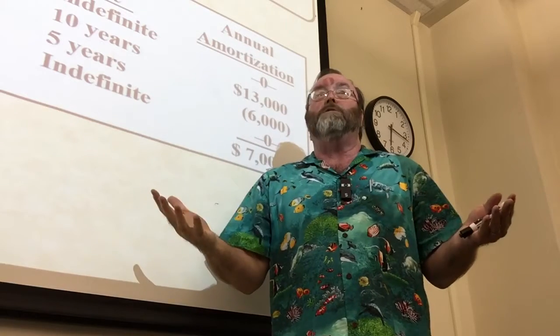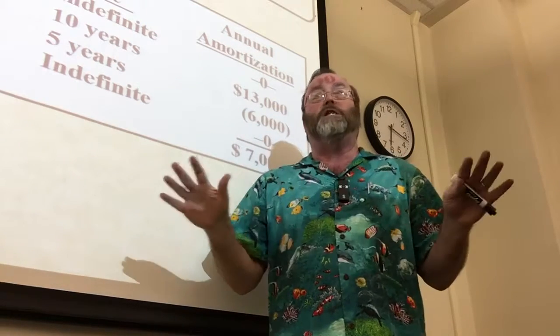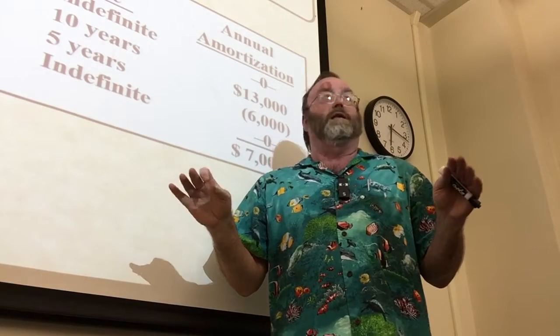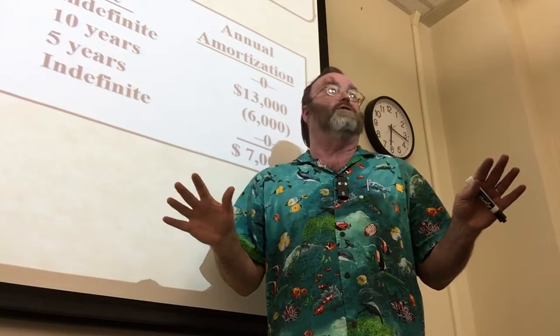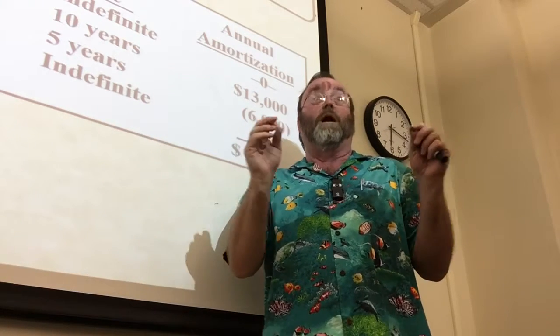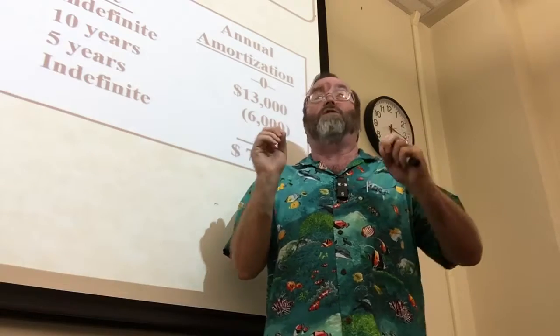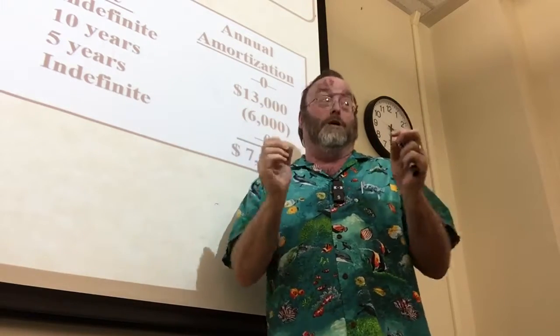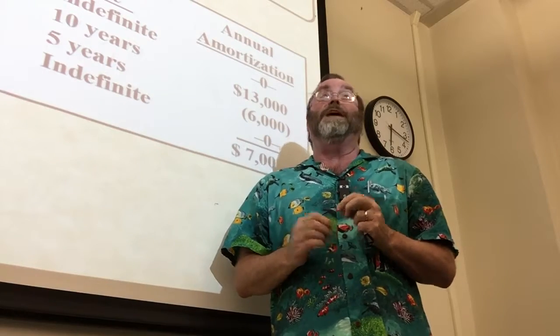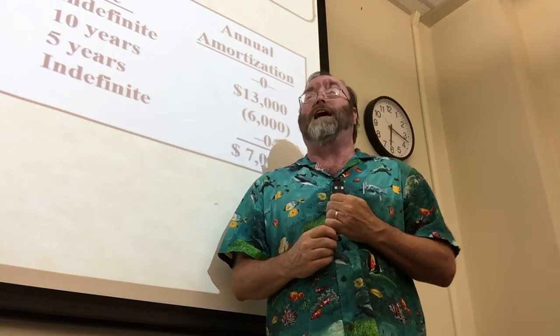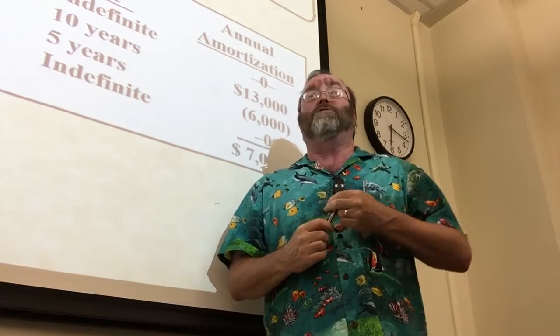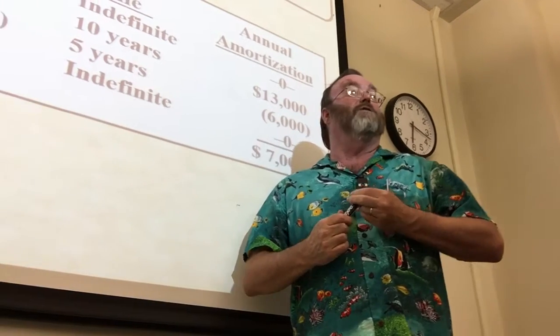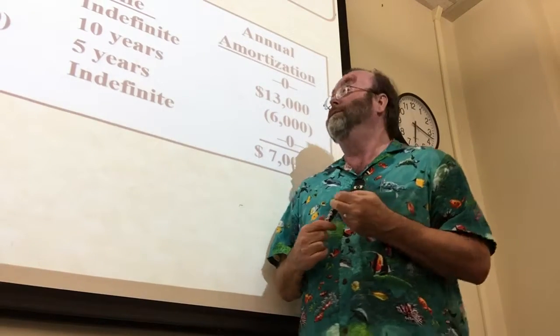If you're going to stop using the patent and stop generating revenue with it, it doesn't make any sense to continue to amortize it. Right? So don't fall for that trap, because I can almost guarantee you on the CPA exam they are going to give you a legal life that is longer than the useful life, and then ask you how much the amortization is.